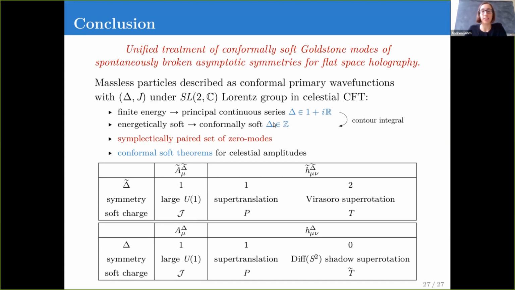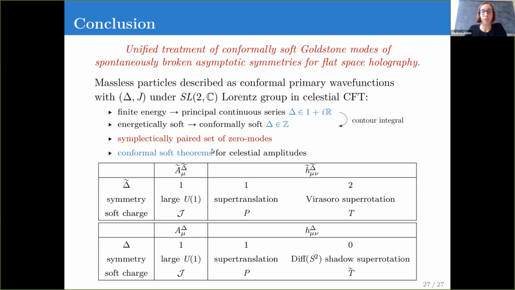I've explained that these conformally soft modes do not augment the basis, but instead can be obtained from certain contour integrals of principal series wave functions. I've also discussed a symplectically paired set of zero modes, namely the dimension 1 Goldstone mode and the conformally soft graviton, which is the celestial version of the soft graviton, and how it was subtle to find this conformally soft graviton in the conformal basis.